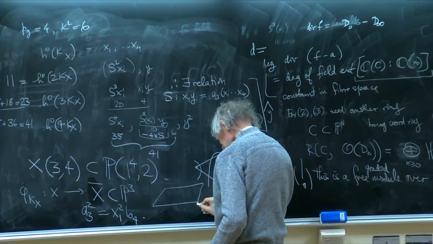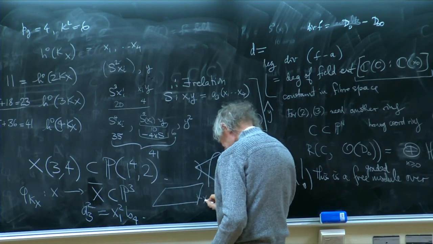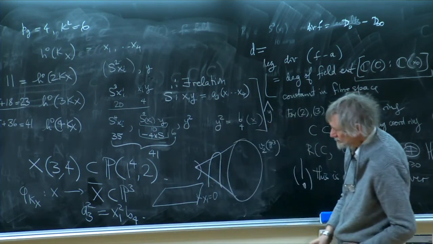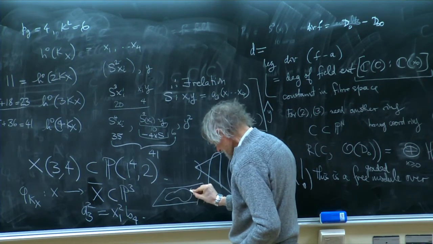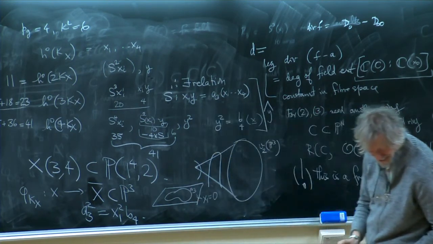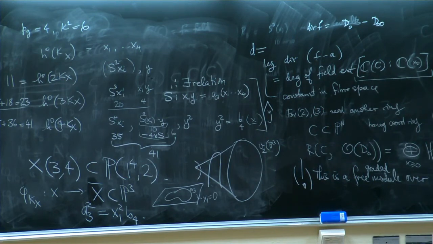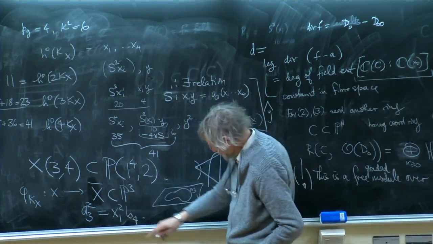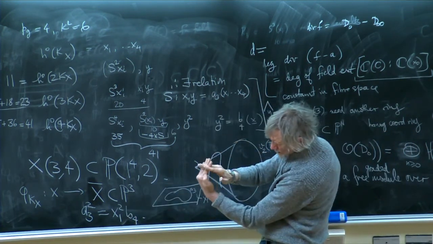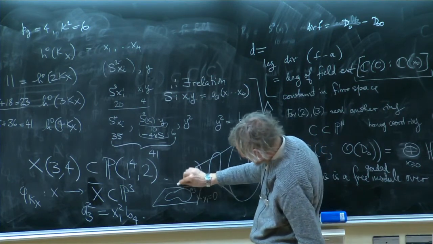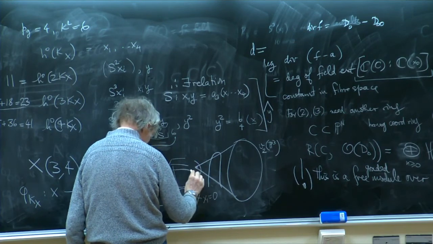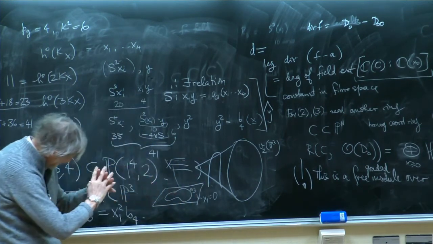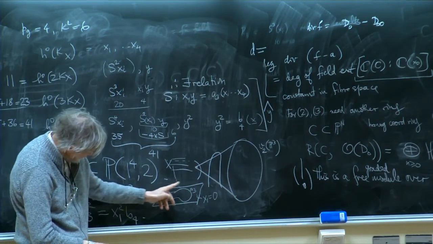Here is the plane x1 equals 0. Inside this there is a curve given by A3 equals 0, and it's a plane non-singular cubic. And the surface X bar has an ordinary double locus along it. So it looks like this. It's an ordinary double locus all the way along this curve.